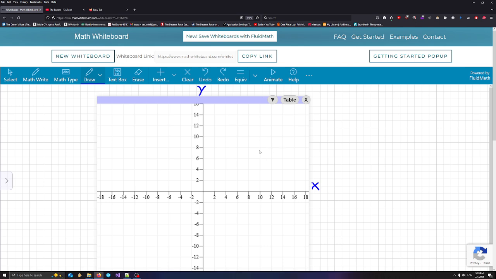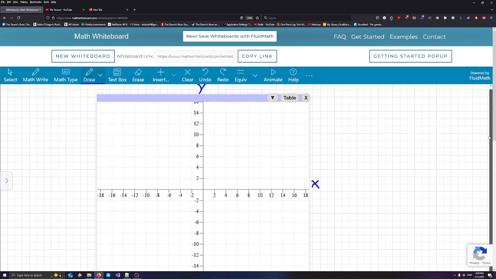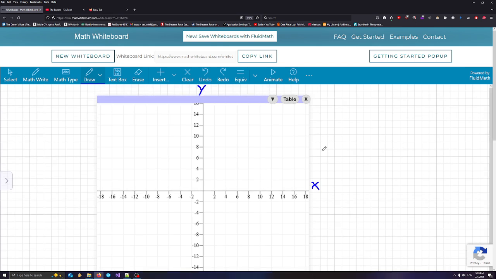This graph system can be very useful in that sense. But all different types of math come from this, and sometimes we might even have data that we want to plot along this graph.